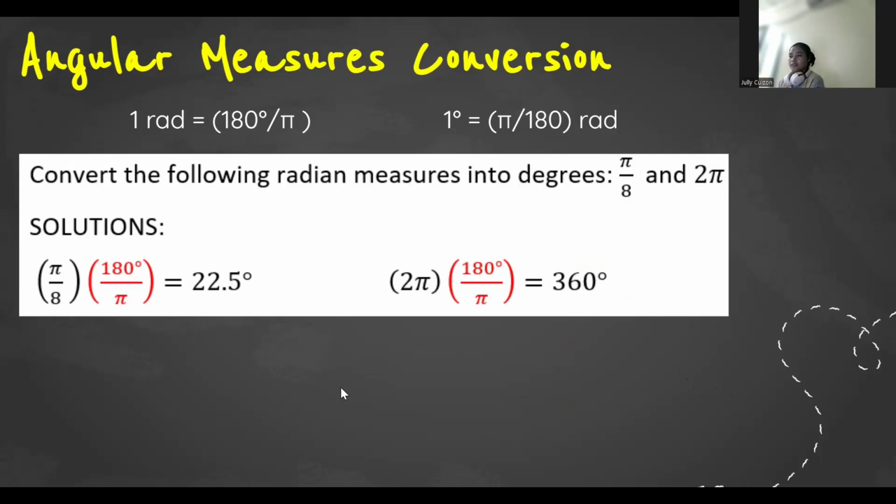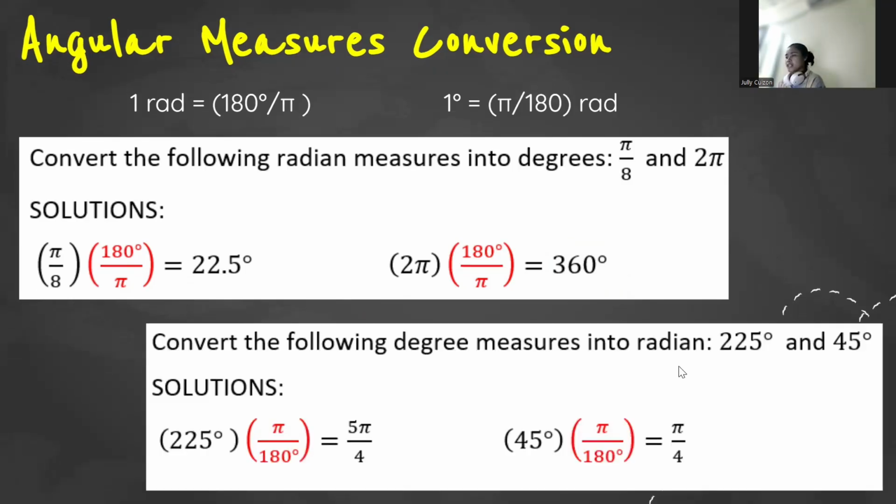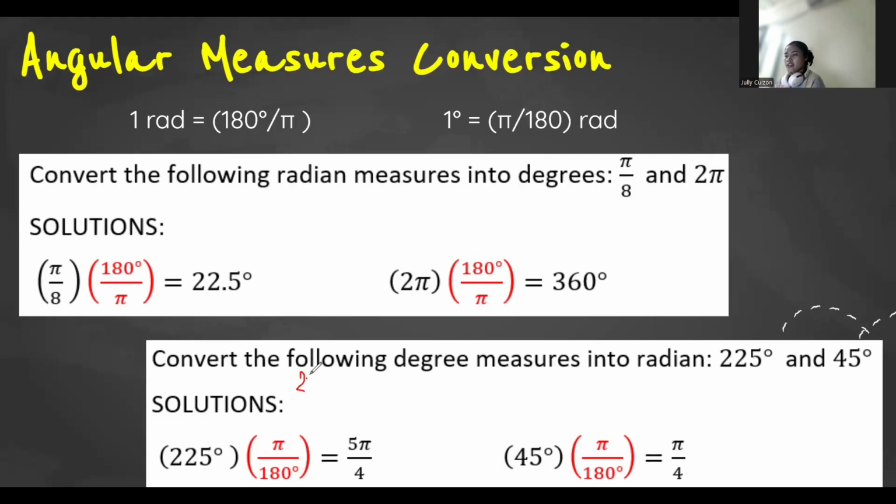Next. So convert degree measures into radian. So from 225 degrees, we're going to convert this into radian. And of course, converting to radians, always remember that your numerator must be pi or pi rad. Okay? So pi over 180 degrees. So the same procedure. 225 degrees times pi, so that is 225 degrees pi over 1 times 180, so that is 180 degrees.